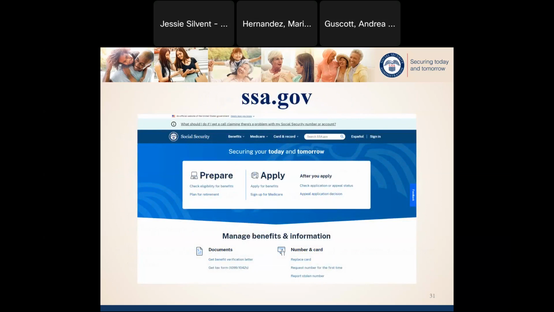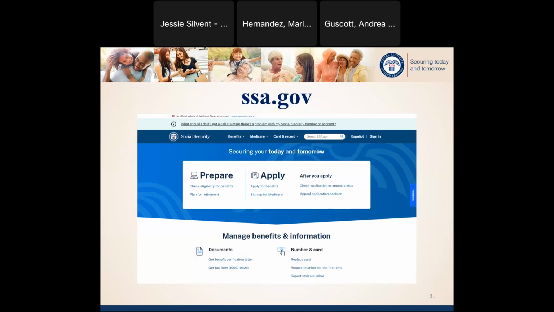Now I'd like to change gears for a few minutes just to share some information about SSA.gov. It's a very valuable resource of information about all of SSA's programs. Now what you see here is a screenshot of the SSA.gov homepage. This is where you can access online publications about all of our programs. We have online calculators to help people plan for retirement by accessing personalized estimates.